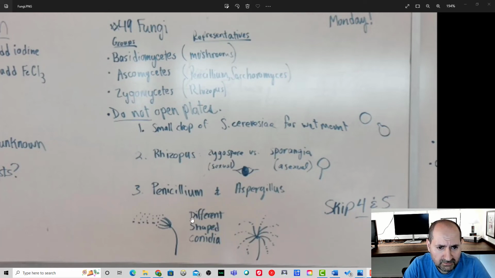With Penicillium, I wanted you to know what its conidia look like. The conidia, or asexual spores, of Penicillium look like finger-like projections like this, while the conidiophores of Aspergillus are more fanned out. They're more palm tree looking, like this.